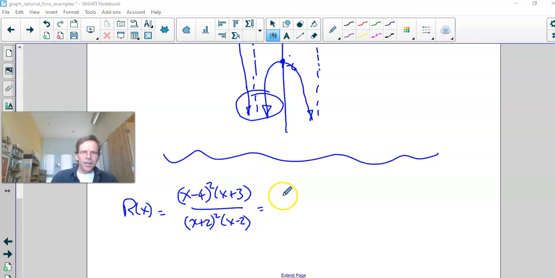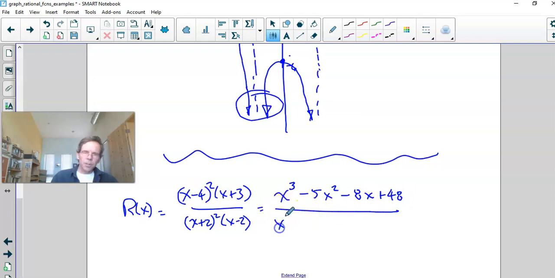All right, folks, I have multiplied this out. I didn't want you to have to wait while I did all that. I just paused it. So what we get is x cubed minus 5x squared minus 8x plus 48. And on the bottom, we get x cubed plus 2x squared minus 4x minus 8.